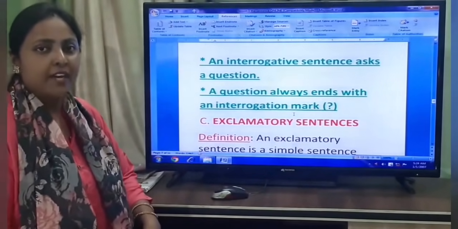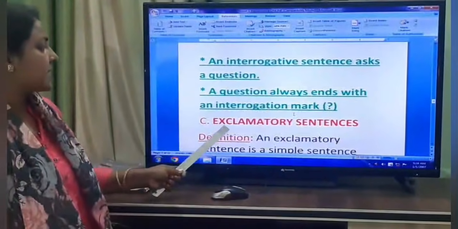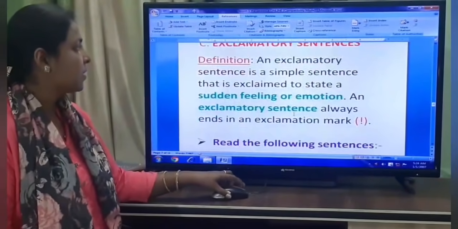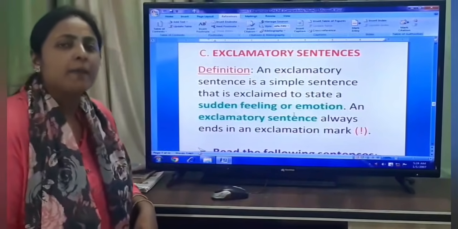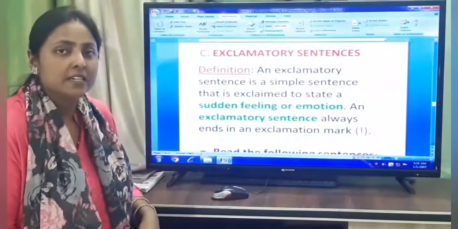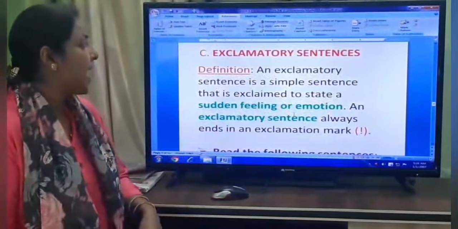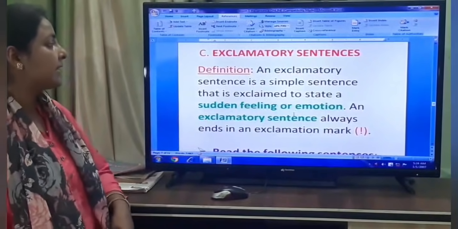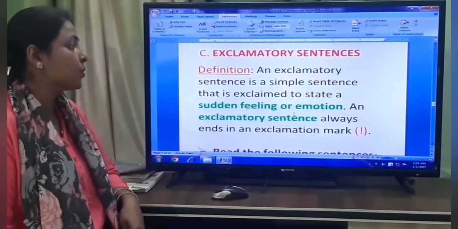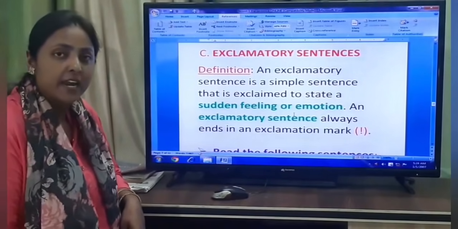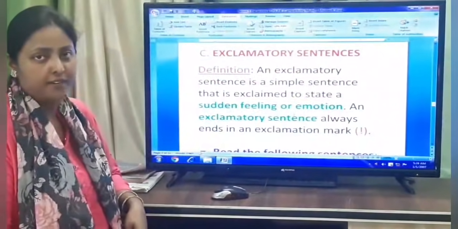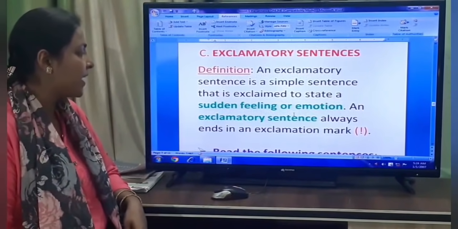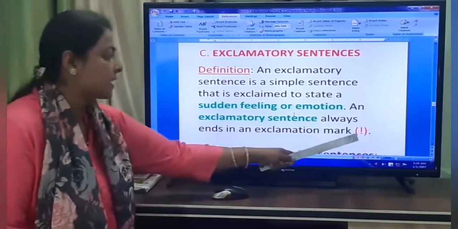The next point is exclamatory sentence. What do you mean by exclamatory sentence? An exclamatory sentence is a simple sentence that is exclaimed to state a sudden feeling or emotion. An exclamatory sentence always ends in an exclamation mark.